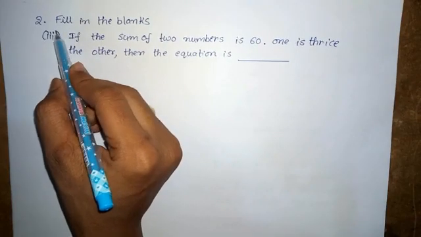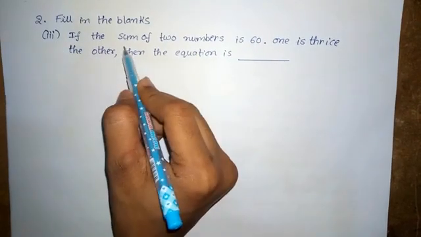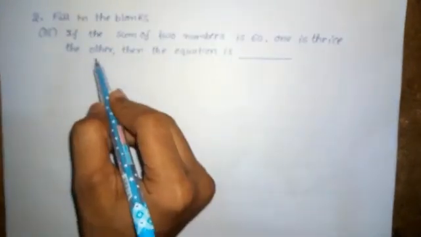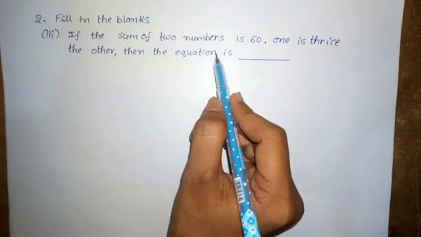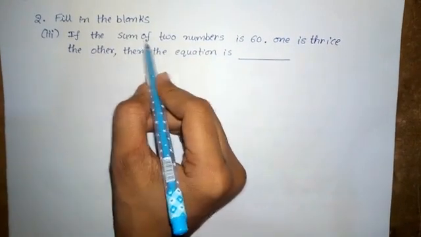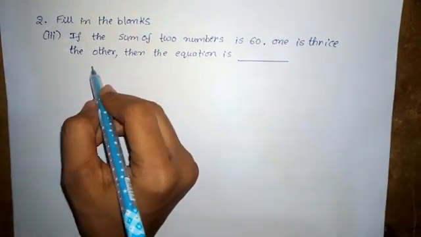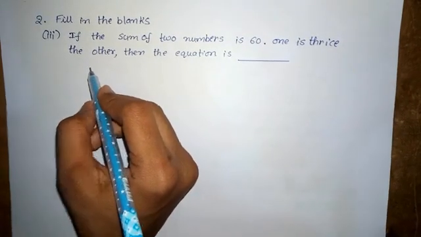Next problem, second Roman third one. If the sum of two numbers is 60 and one is thrice the other, then the equation is. So first, the sum of the two numbers is 60. Let one number be x.